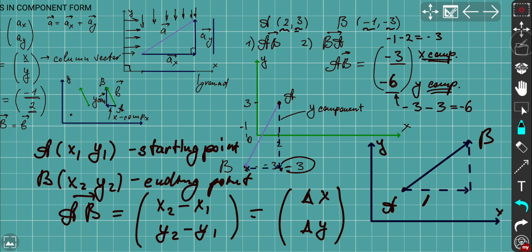So that's delta x and that's delta y. So that's how it works practically.